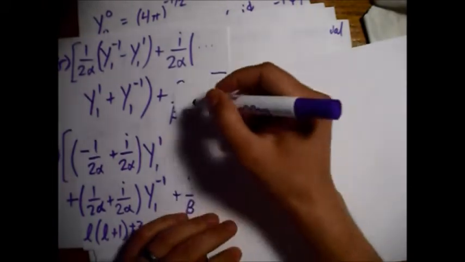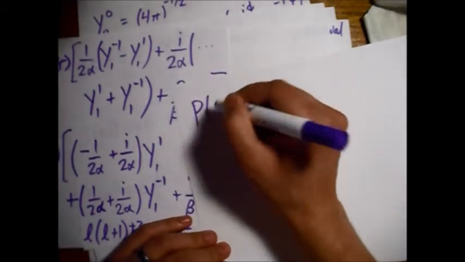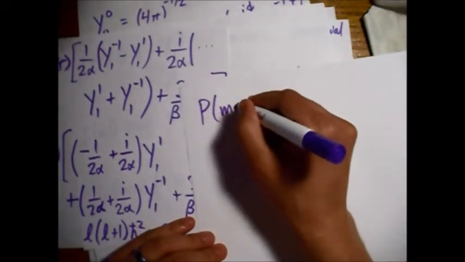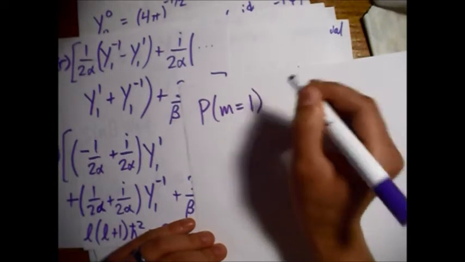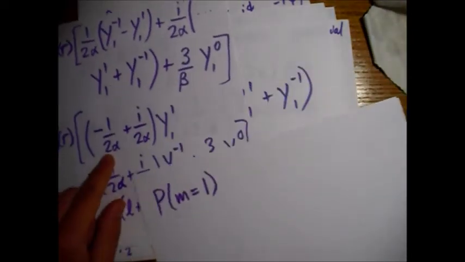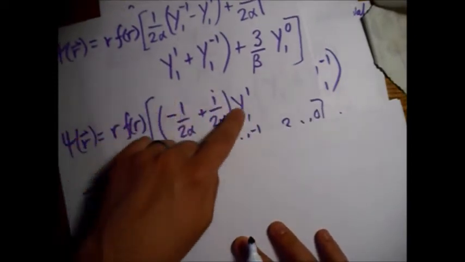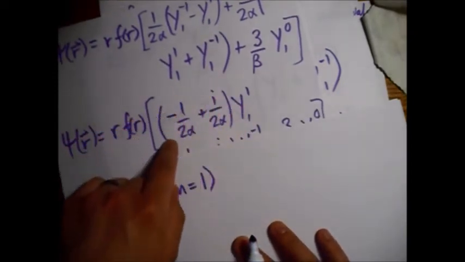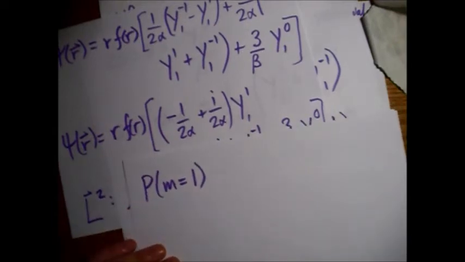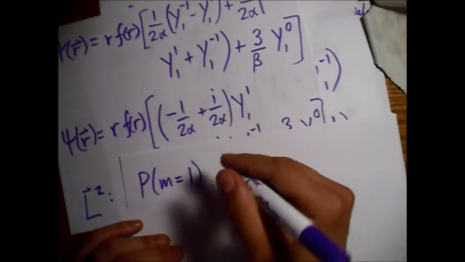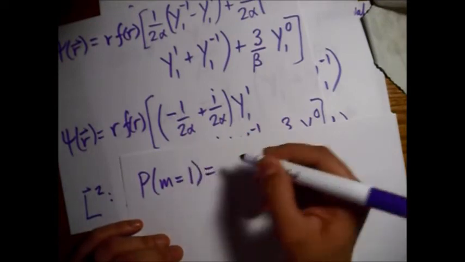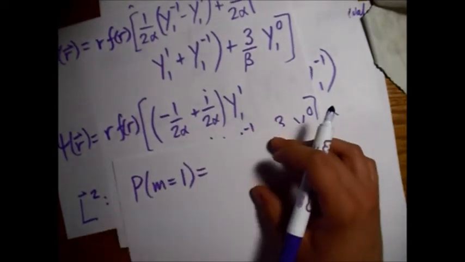So I'll write this as probability of m equals 1, okay? And that is equal to this coefficient right here squared, or norm squared, with the complex conjugate multiplied by the coefficient itself.